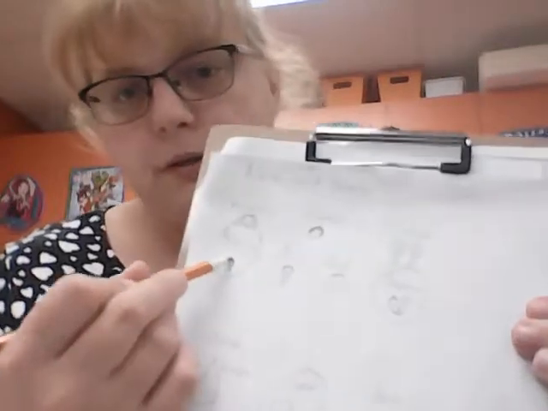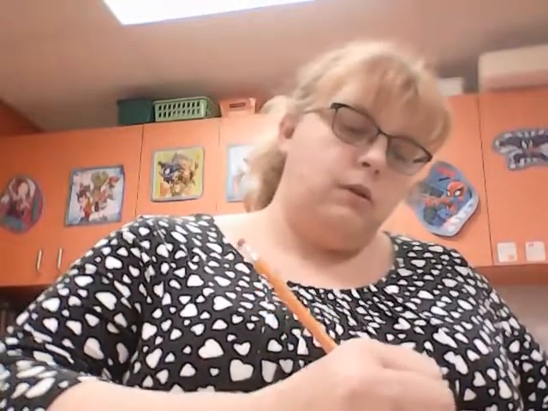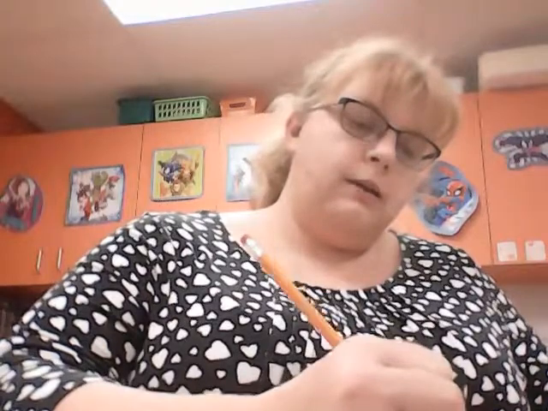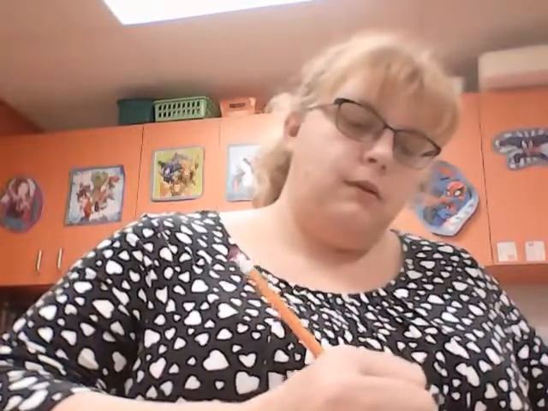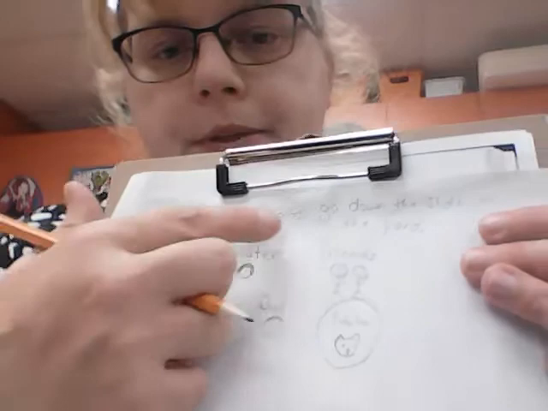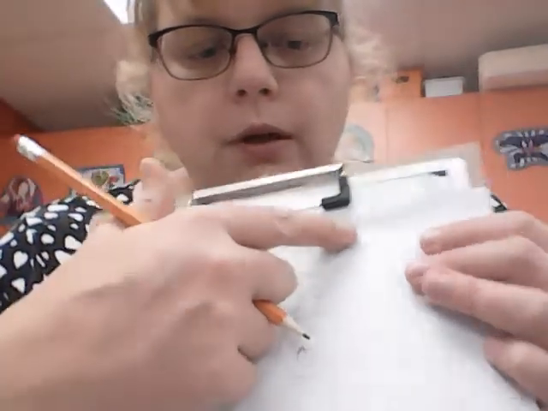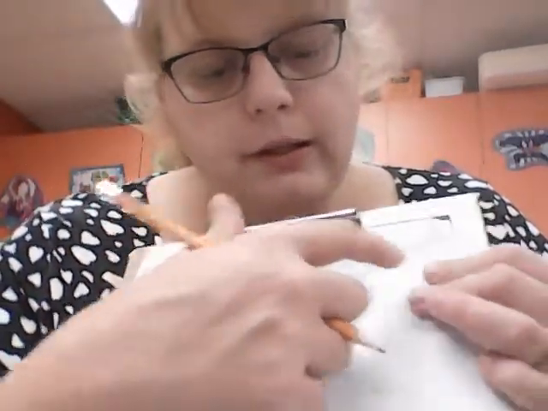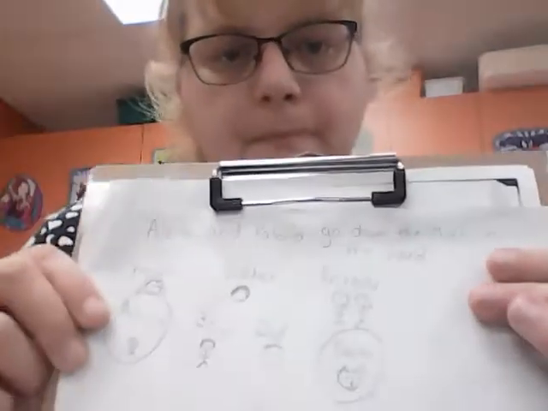So Aleia and Potato, who are my characters that I chose, go down the slide in the yard. So there's my sentence. Aleia and Potato go down the slide in the yard.